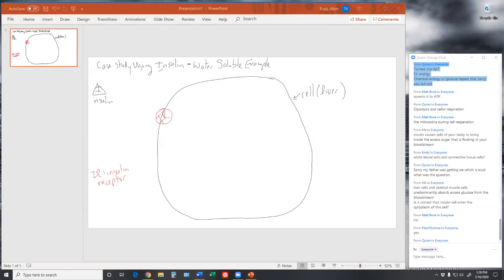If we were to use the coloring of figure 10.4 in your textbook, what color would insulin be? Is it green? It is not green, no.